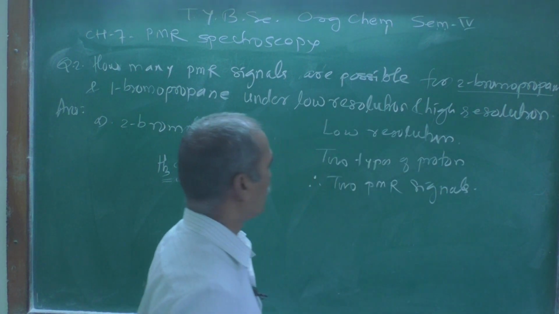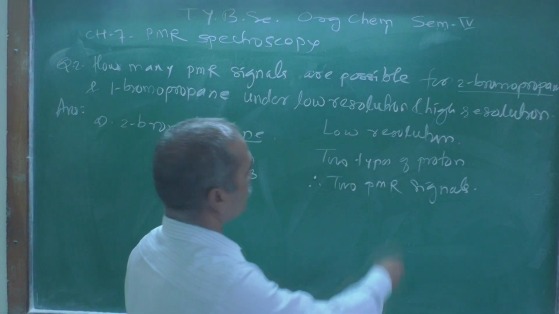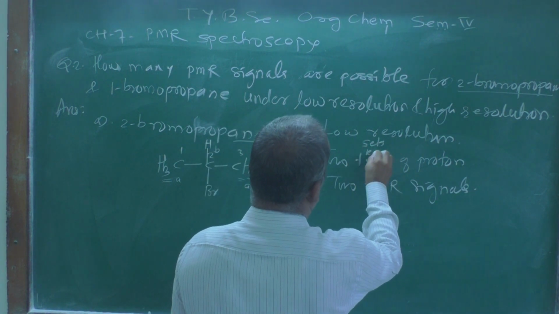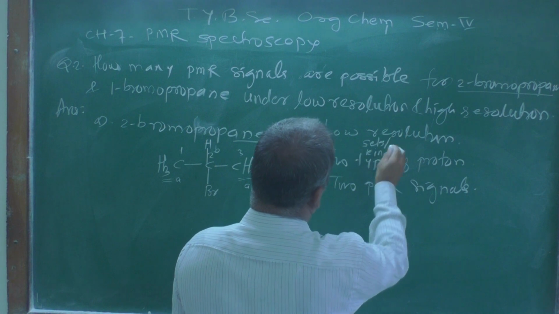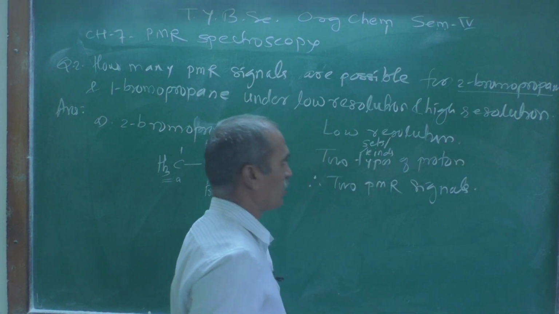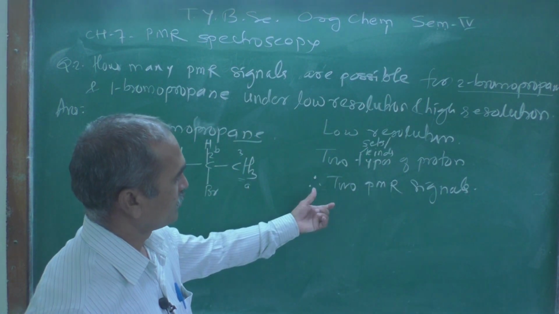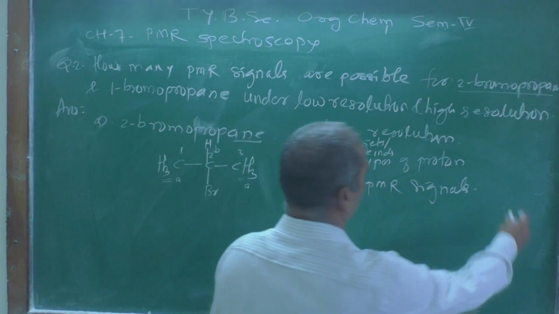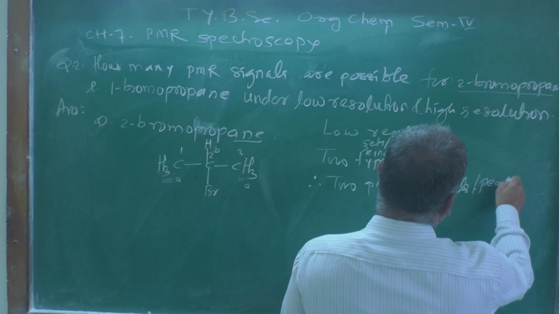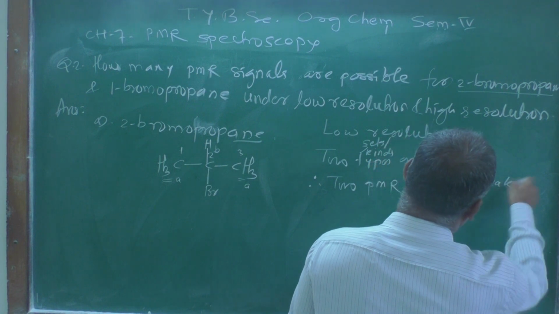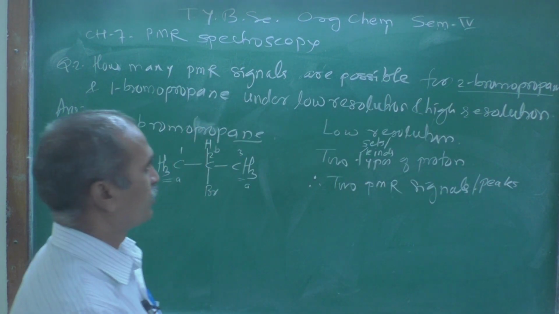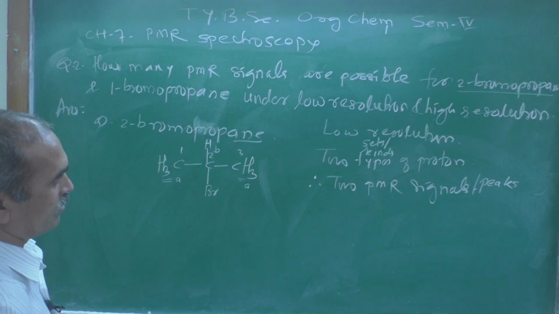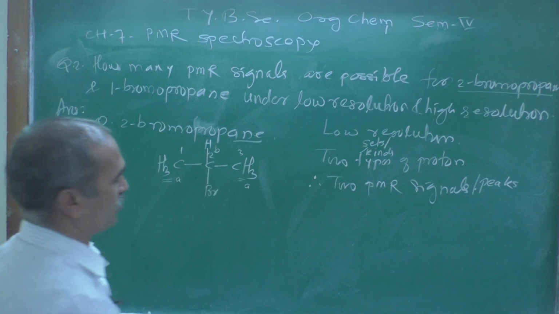In short, you can write 2 types of proton, 2 sets of proton or 2 kinds of proton, therefore 2 PMR signals, or you can call them peaks. You can use the word signals or peaks, one and the same. This is under low resolution.